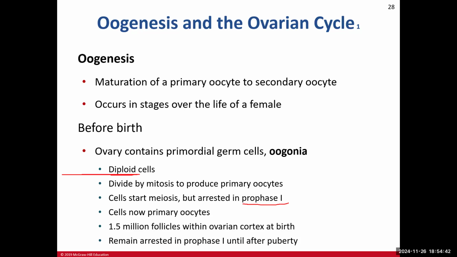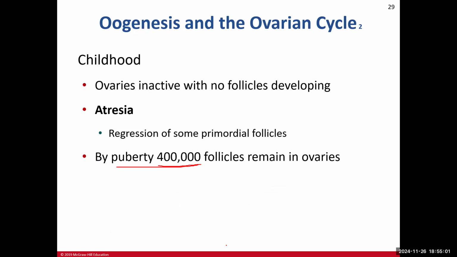So again, you will have 1.5 million at birth, and they are all stuck in prophase 1. You want to know that those primary follicles are stuck in prophase 1 at birth, and they stay that way until puberty, and that's when you get atresia. And that's where you lose not over half, but about a third, about 2/3 regress.